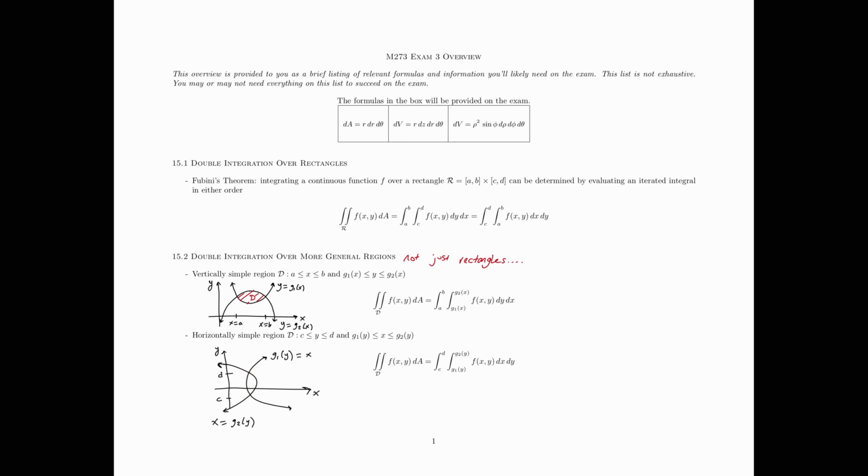So really, your goal for both vertically simple and horizontally simple is to come up with these two sets of inequalities. That's really what you want. First, sketch your region. Then think about striking vertical or horizontal lines and see which scheme produces a well-defined top and bottom function, or a well-defined left and right function.